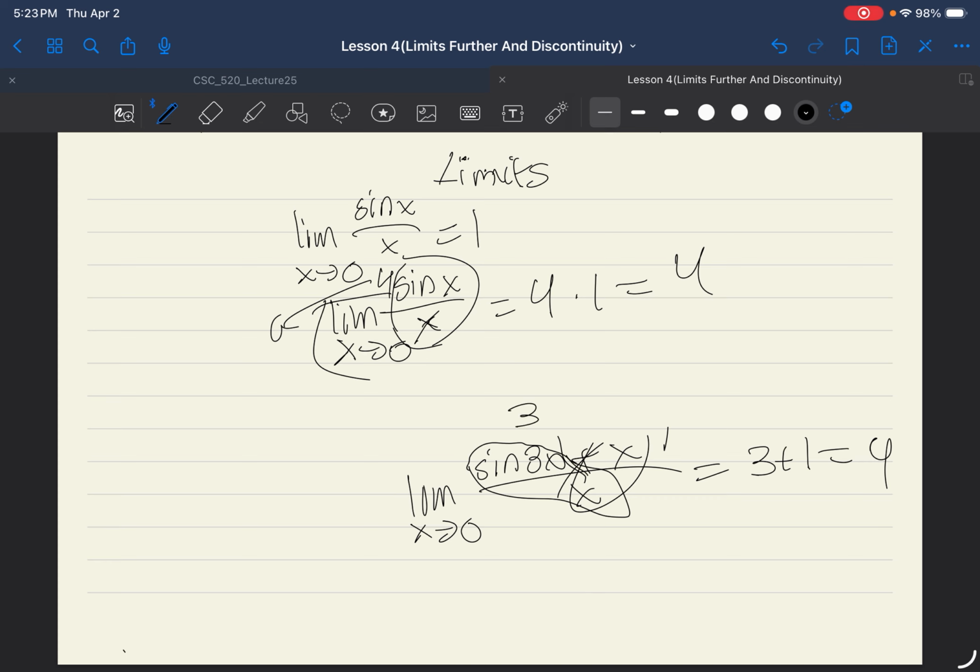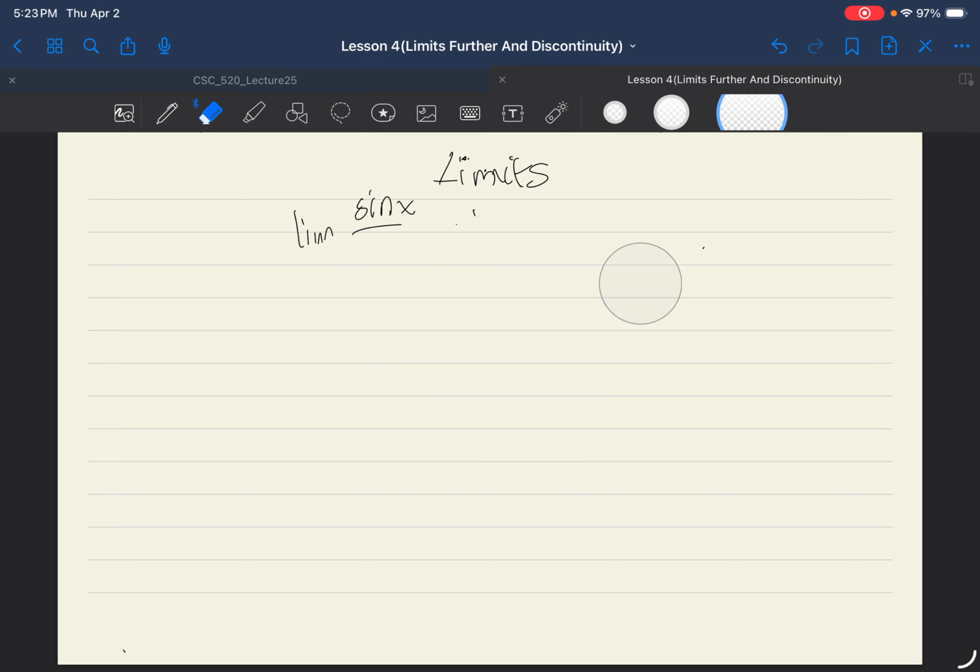This will be 3. And that will be 1, because we can split up that denominator, right? And this also applies to multiplying, so let's take sine squared for starters.